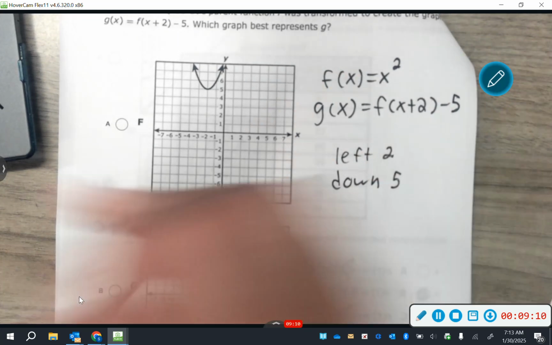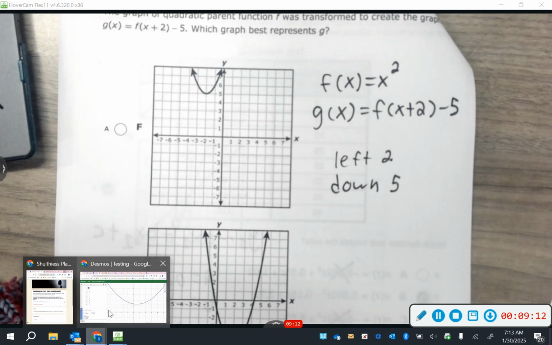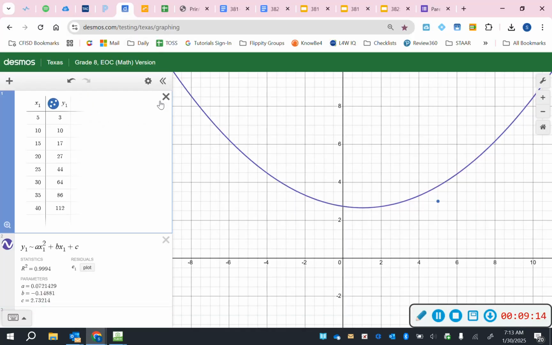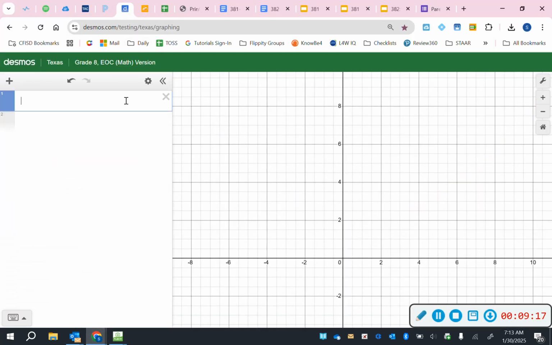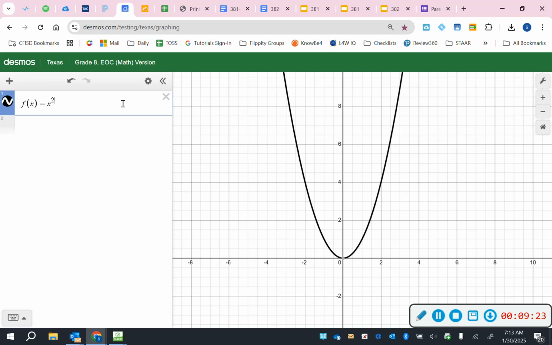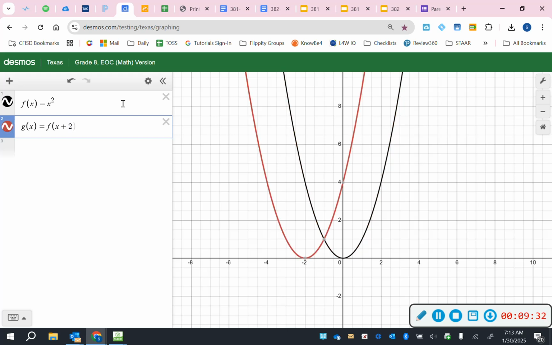So the two ways you can do it are either go plug it in and find your picture, or just remember your transformation rules and find it that way. So f of x equals x squared. G of x equals f of x plus 2 minus 5.